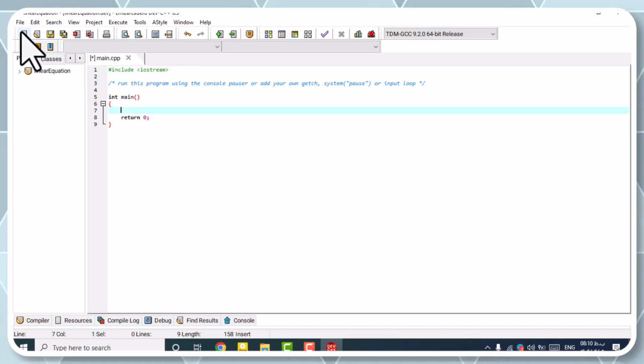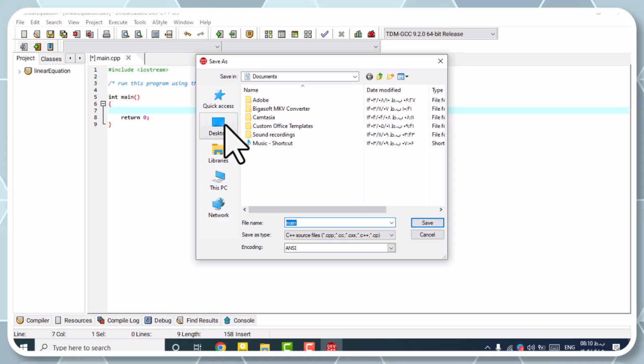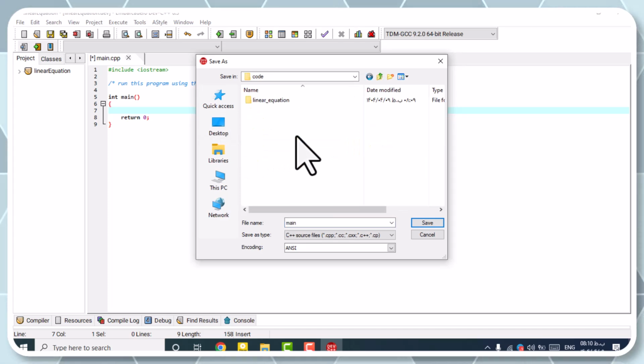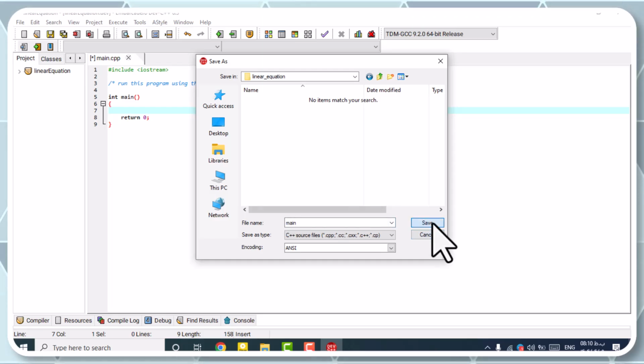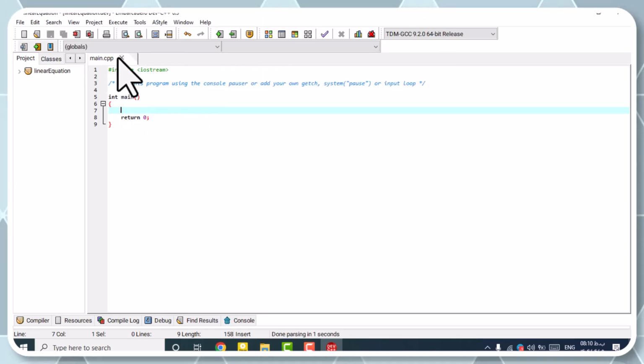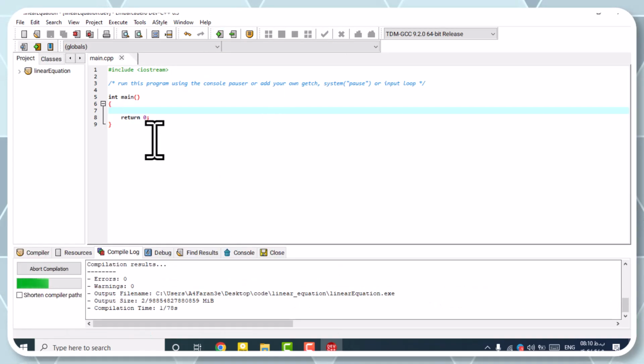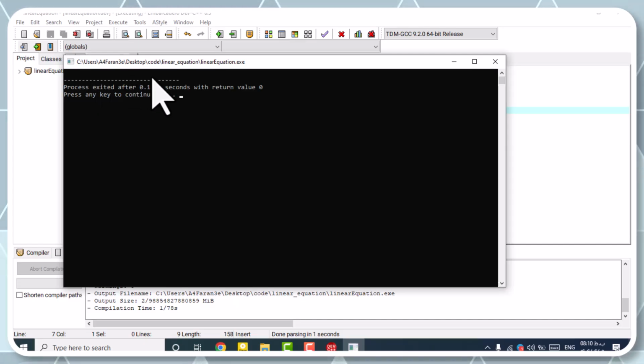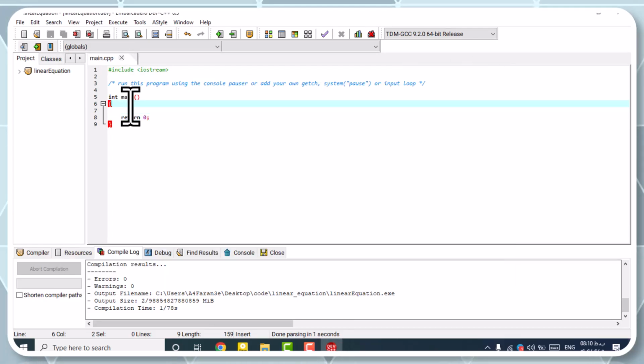I first of all should save this file inside my first project as main. Okay, now everything is prepared to run my program. Compile and run. Here we can see the console area of dark design. Okay, now I can write my project.